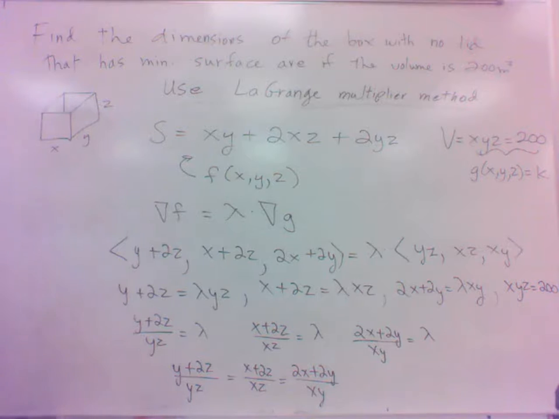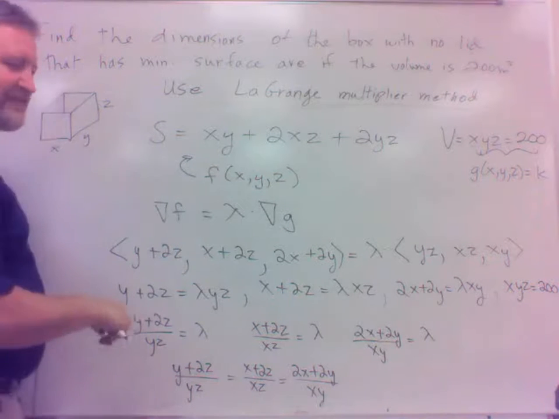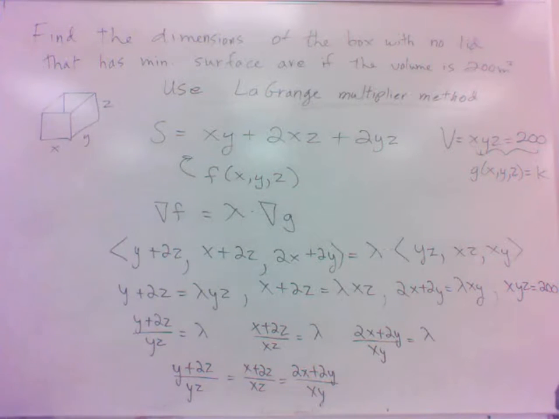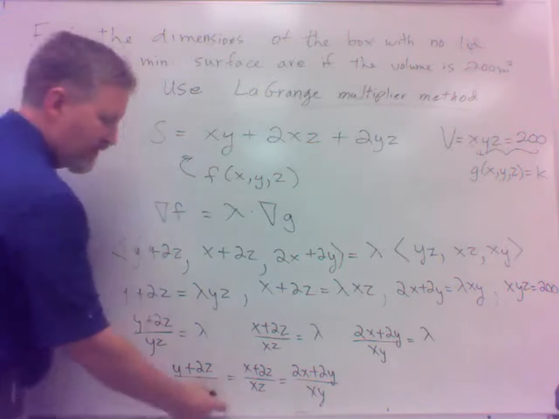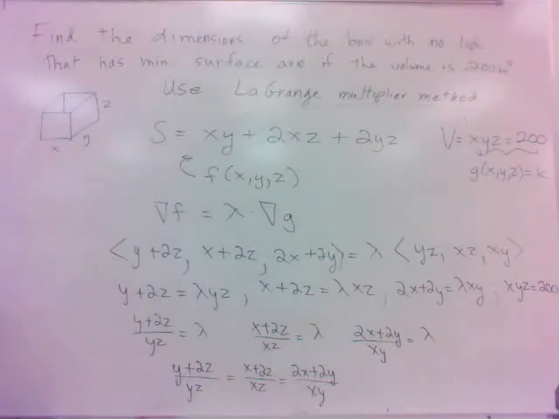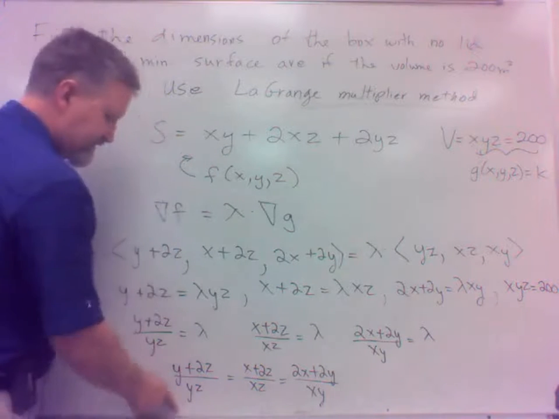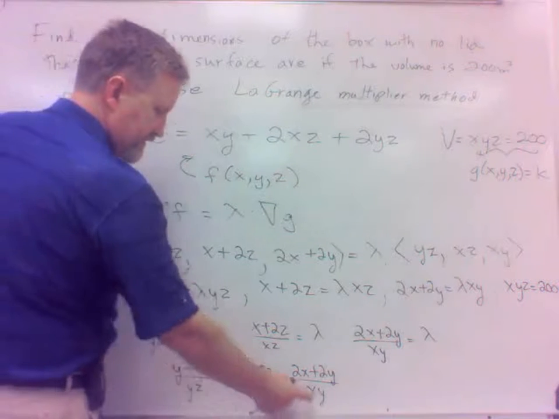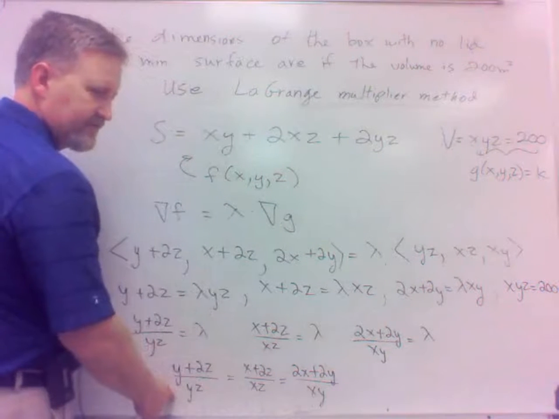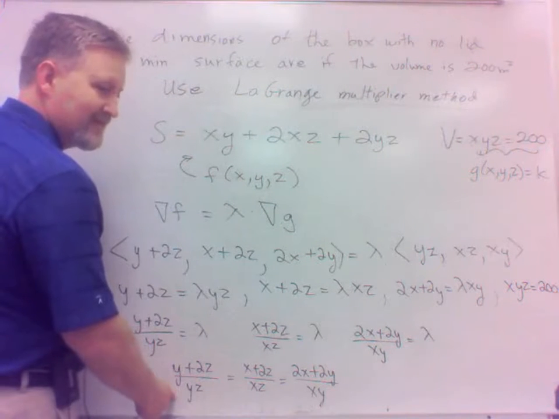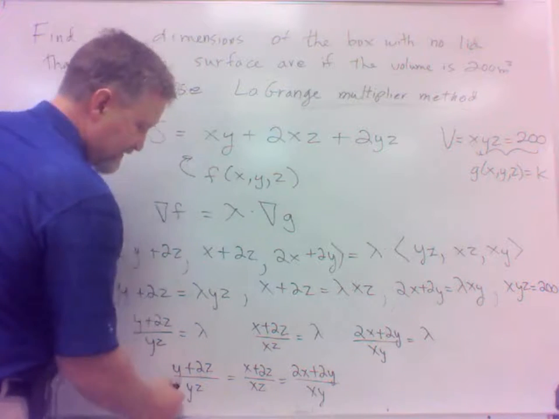Now, what I can do to help myself out here is that all these bottom things are different. If I make them the same, then I've got something. So I can make these all be the same thing if I make them all be, say, xyz.